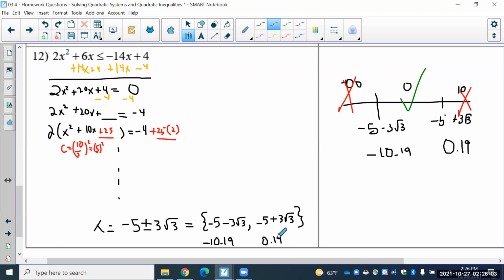That's why I use the decimal, right? So this thing, -5 plus 3√3, is actually 0.19, so 10 will work. And that's why I couldn't use -10 here, because -5 minus 3√3 is actually -10.19. So if I pick -10, I'm actually over here. I need to go bigger than -10, so I pick -100.